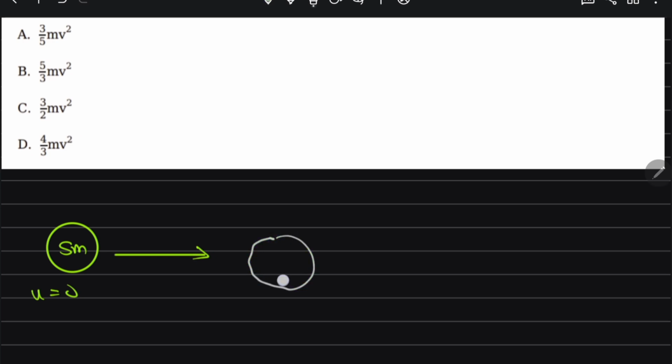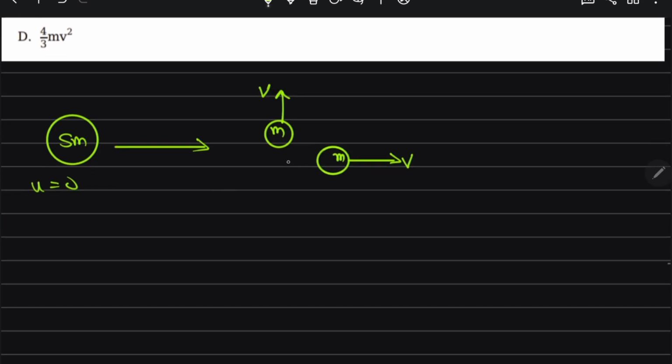So 2 particles that have the same mass m and m are moving in mutually perpendicular directions. A third particle definitely moves in that direction so that the net momentum is conserved. Say this has a velocity v dash. So just apply conservation of momentum: P initial is equal to P final in vector form.